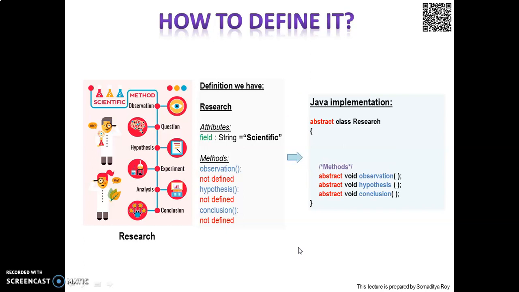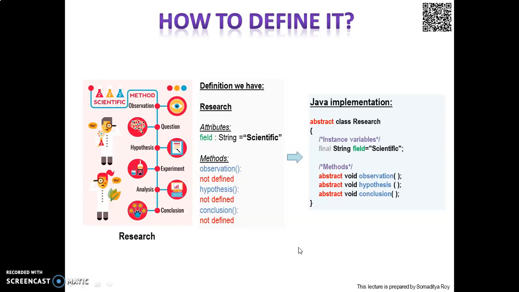Well, the class research is abstract because of these abstract properties, which are observation, hypothesis, and conclusion. And as far as the field is concerned, it is static and modified by final. Why final? Because the value scientific is fixed for the attribute field.